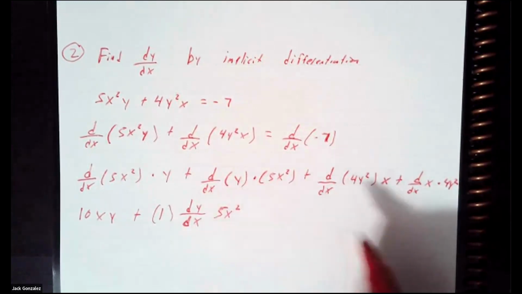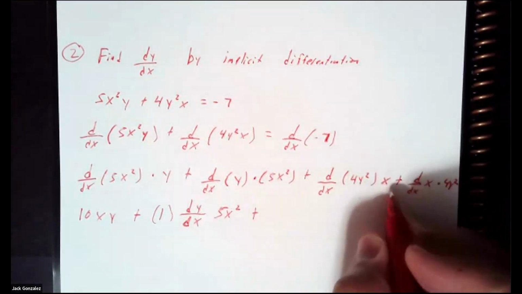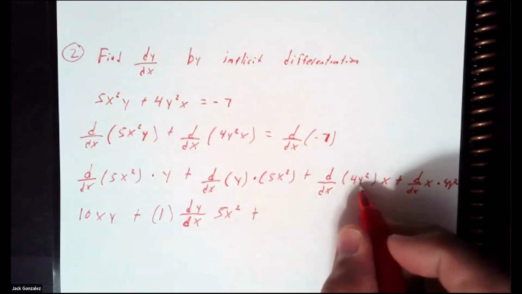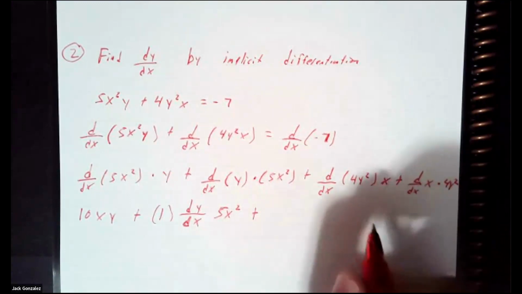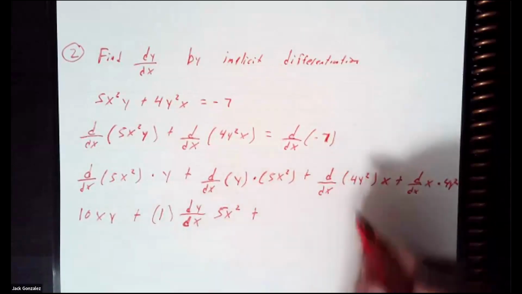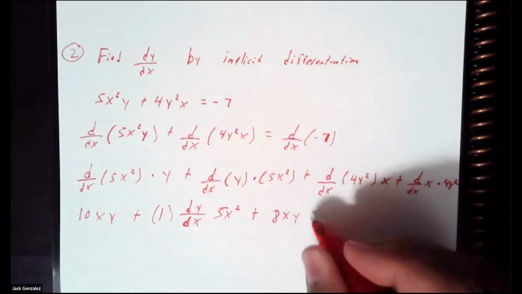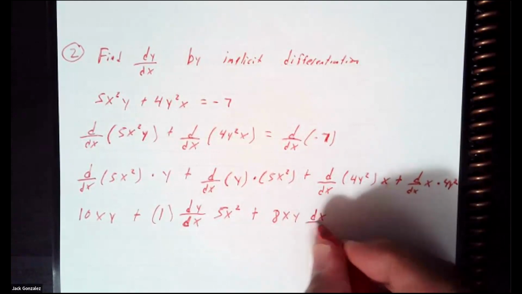So that's this piece. Derivative of this is derivative of 4y squared with respect to x. Yeah, it's gonna be 8xy, but then we tack on dy/dx.